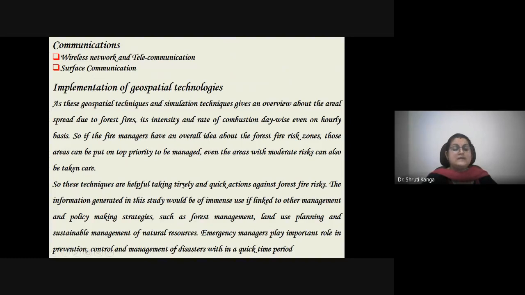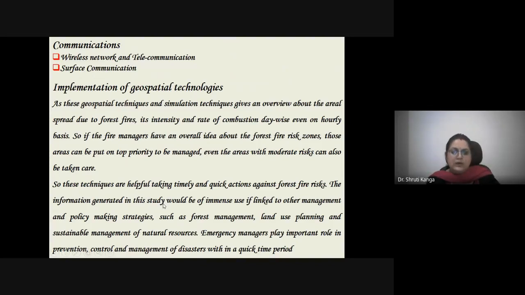So these techniques are helpful in taking timely and quick actions against forest fire risks. These are the different activities which are really helpful in different kinds of management strategies in a timely manner.